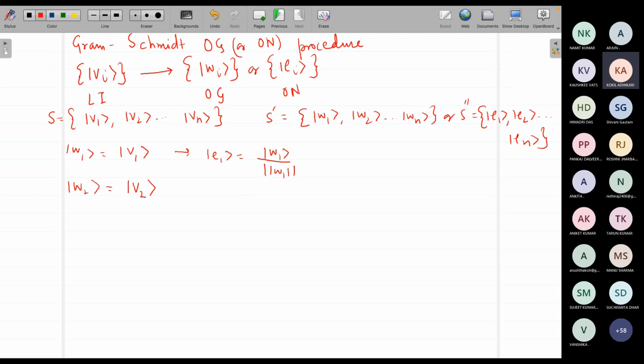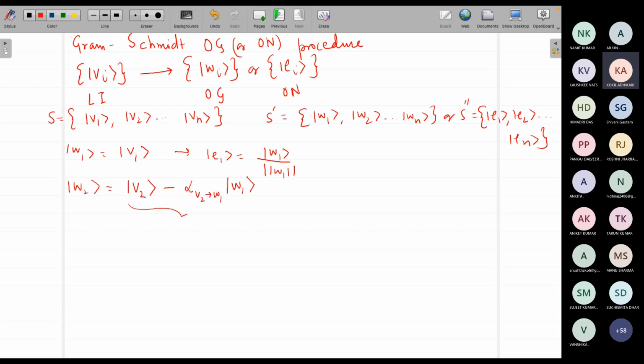So what is the orthogonal component of V2, which I want to construct, which should be orthogonal to W1? What should I do? I must subtract something. What should I subtract? The parallel component. So alpha times the projection of V2 on W1.